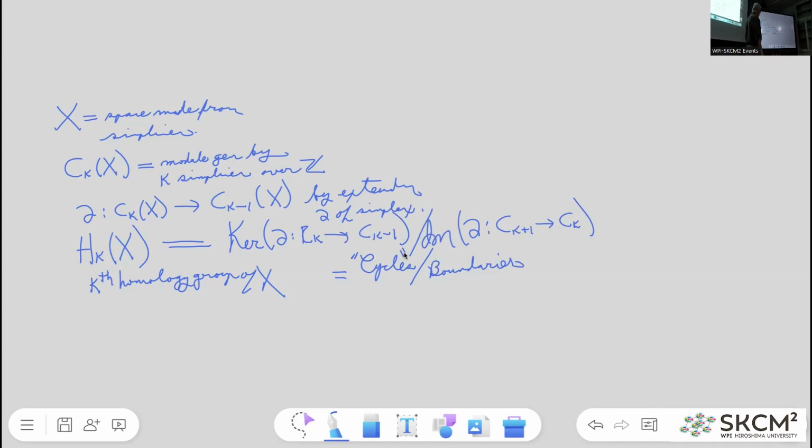That is to say, let's look at a space. Suppose you had a space like this, for example, where these two simplices are present, and we're concerned with H1 of the space.